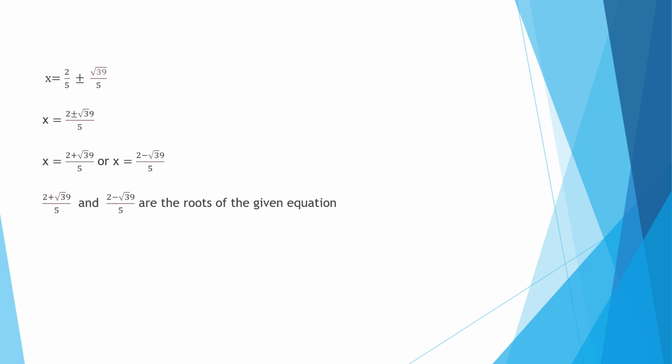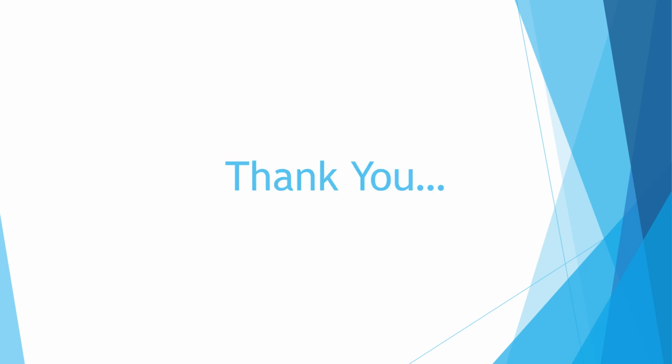So the value of x is (2 + √39)/5 or x = (2 − √39)/5. So the roots of the equation are (2 + √39)/5 and (2 − √39)/5. Thank you.